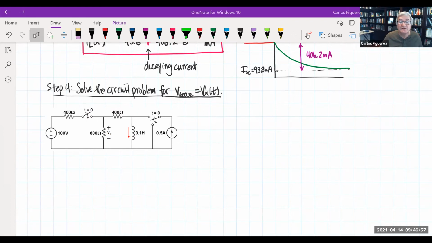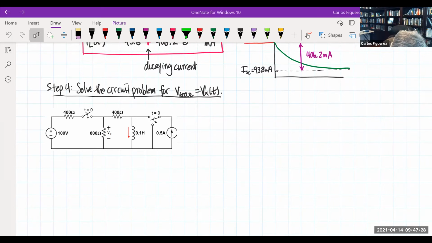The first thing is that I essentially have to look at how these two are connected. And you could see here that if I use simple circuit thinking, the voltage Vx is in parallel with the 400 and the inductor.